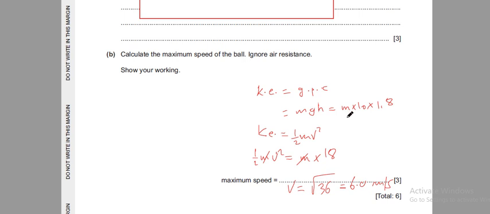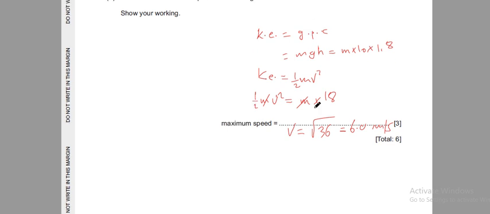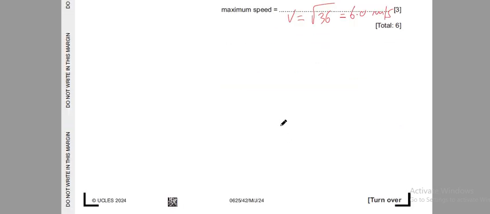We don't have m, so we'll leave it as it is. Kinetic energy is half mv squared, so we can equate this term by this term, eliminate the mass, and do the rearrangement and find velocity.